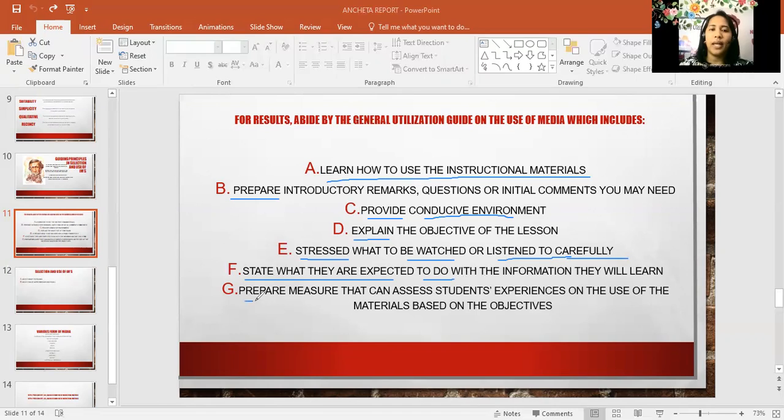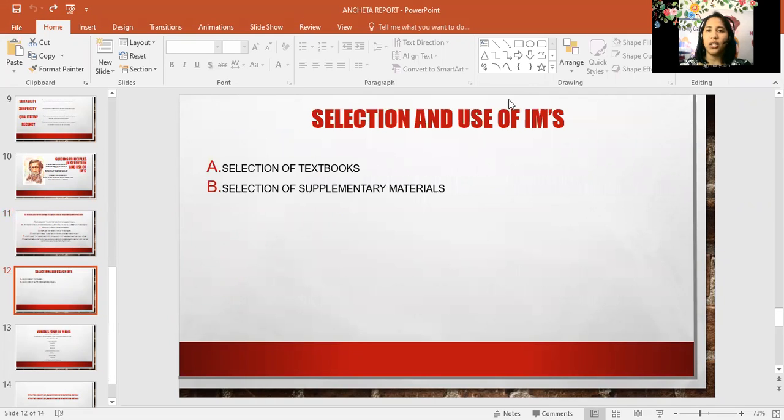And next, prepare a short quiz or assessment questions, just to know your students' learning after they have watched or listened to your lesson.